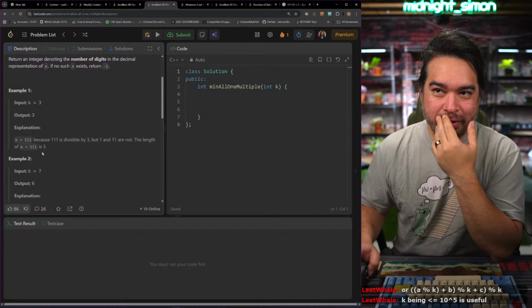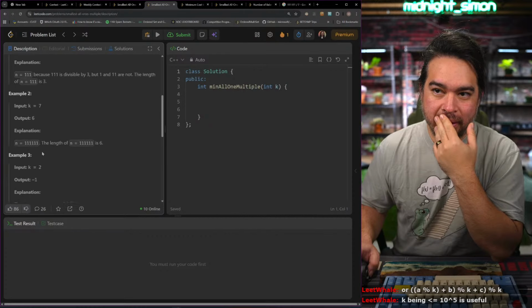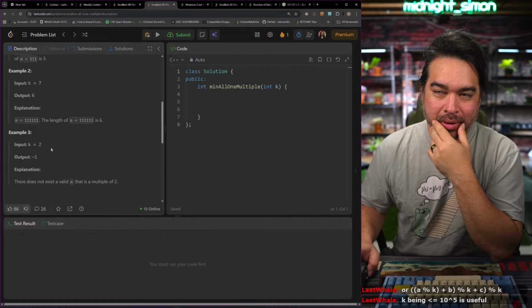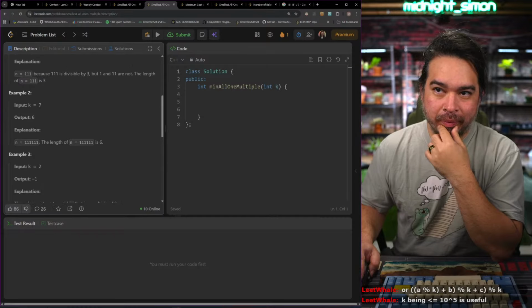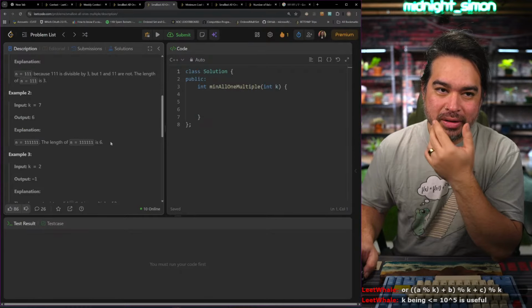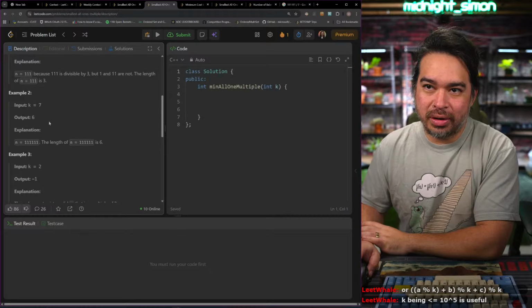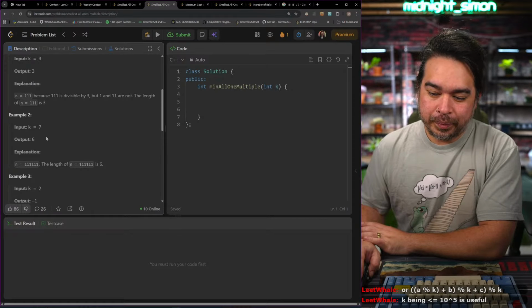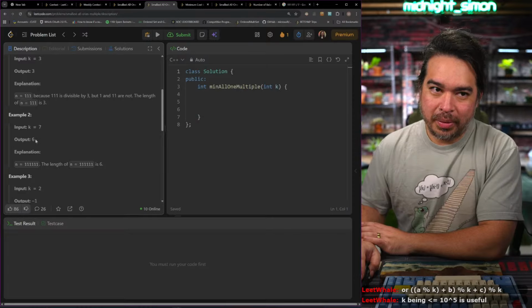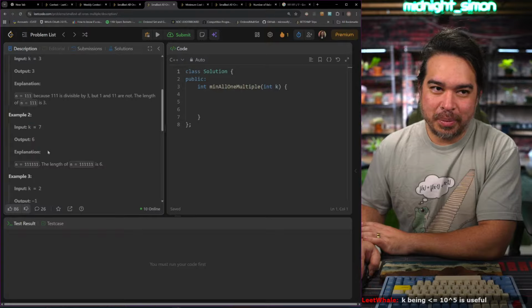Man, I'm still very uncomfortable with modding, which I probably shouldn't be, but I am. Alright, none of these examples give an overflow example, something that's not going to fit in an integer or a long. But I wonder if we could apply these rules to one of these examples anyways and figure it out. I'm not even sure how to use that information to solve this problem, Elite Whale.